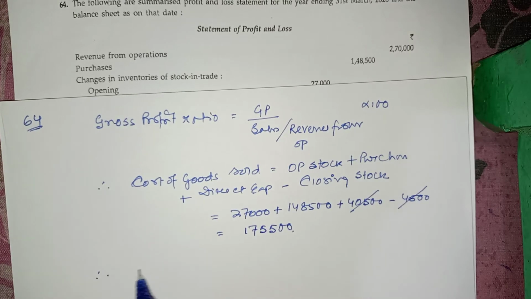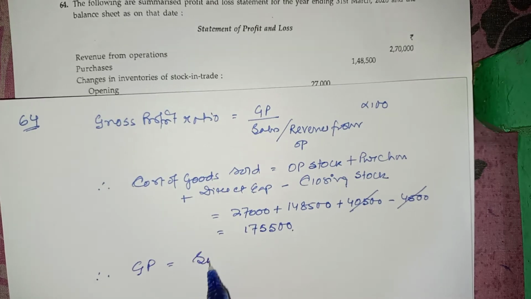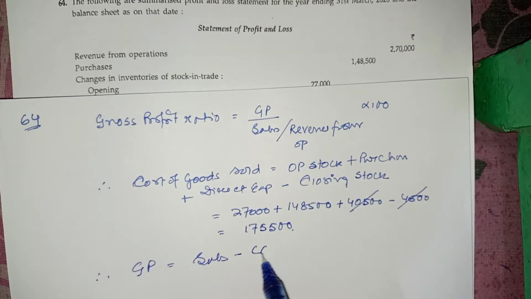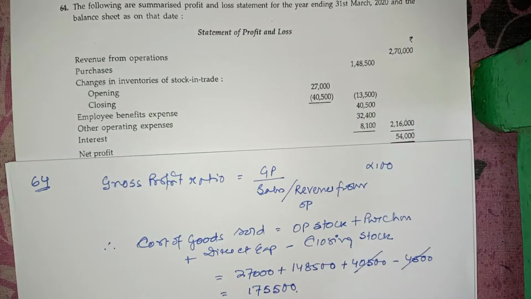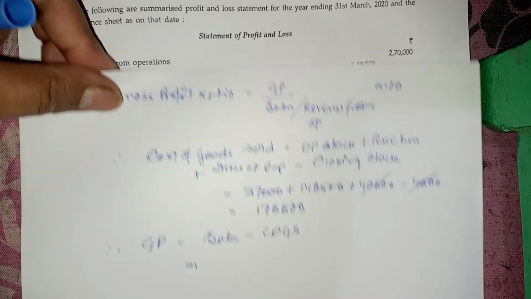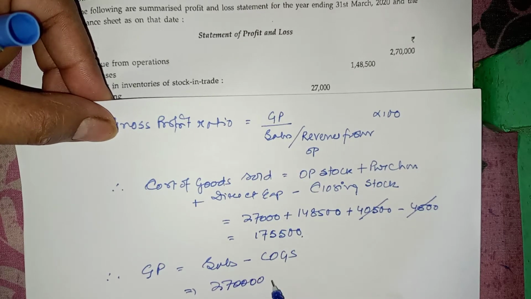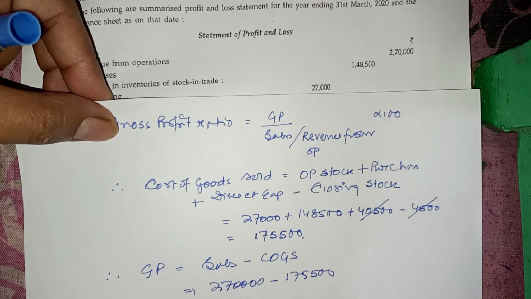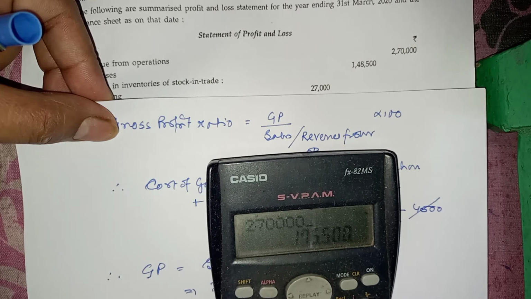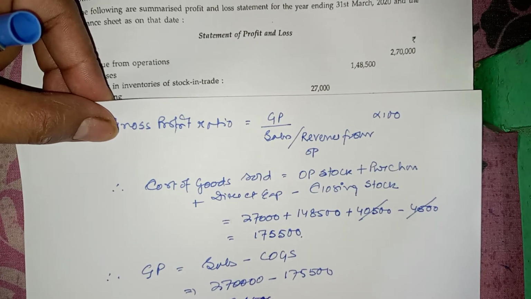Now one formula is there: GP is equal to sales minus COGS, sales minus cost of goods sold. Now we know the sales. Sales is 2,70,000. 2,70,000 minus 1,75,500, so the GP is 94,500.